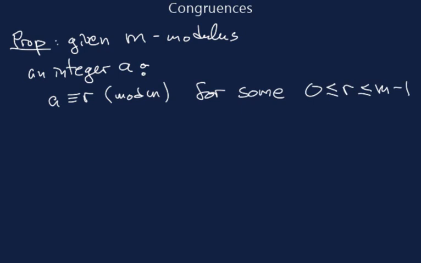We've seen that already. You do the division algorithm and you take the remainder. And this R that you get is unique. That's the division algorithm.